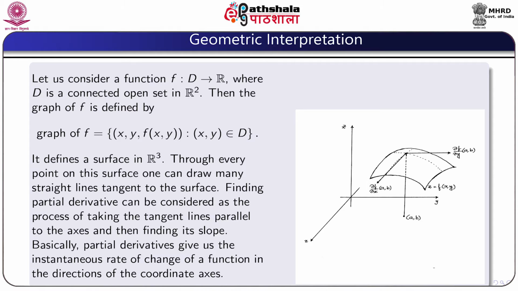Finding the partial derivative can be considered a process of taking these tangent lines which are parallel to the axes and then finding their slope. Basically, partial derivatives give us the instantaneous rate of change of a function in the directions of the coordinate axes.